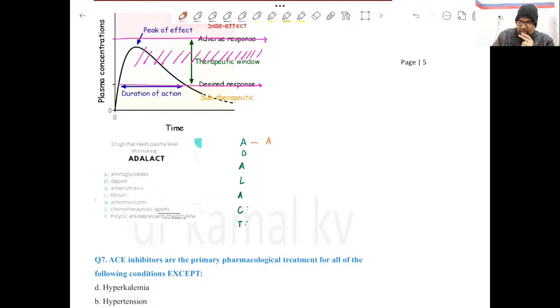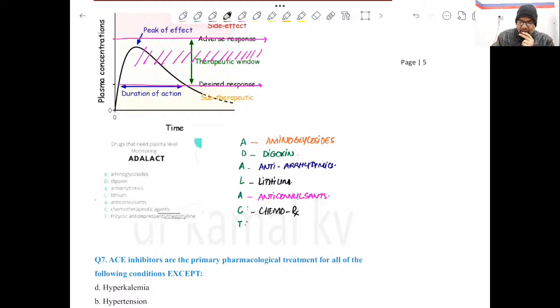One is, of course, aminoglycosides, streptomycin group drug, then digoxin, cardiac glycoside, which is an inotropic agent, then A, anti-arrhythmics, then L, very important, lithium for bipolar disorders, then anticonvulsants like phenytoin, then chemotherapeutic agents, anti-cancer drugs, and tricyclic antidepressants.